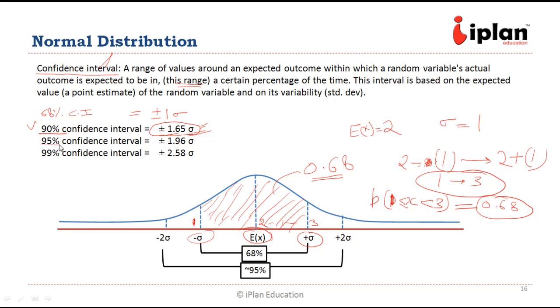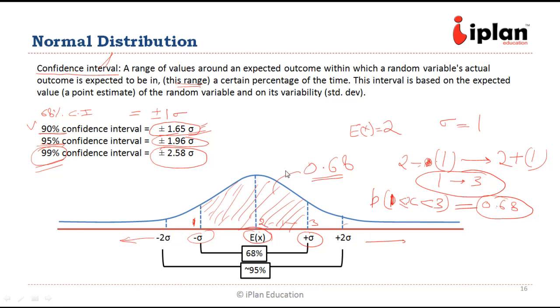Similarly, for a 95% confidence interval, the value is plus or minus 1.96 sigma, and for a 99% confidence interval, the value is plus or minus 2.58 sigma. So the higher the number of sigmas, the higher is our confidence interval. The area keeps enlarging as we move away on both sides. That represents a larger size of the confidence interval.